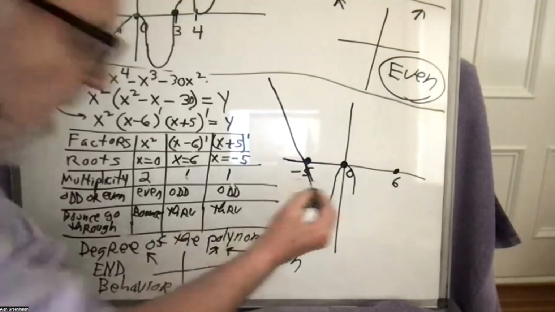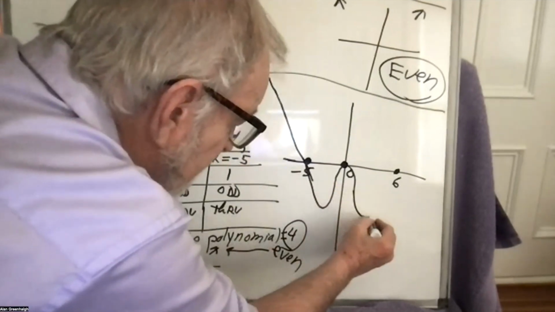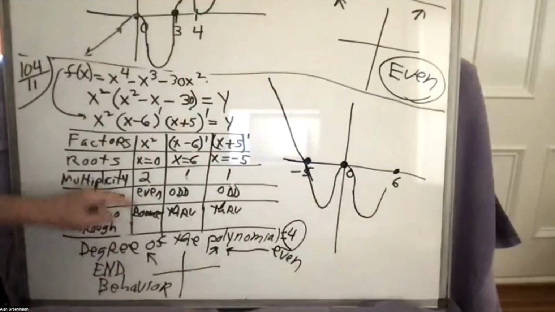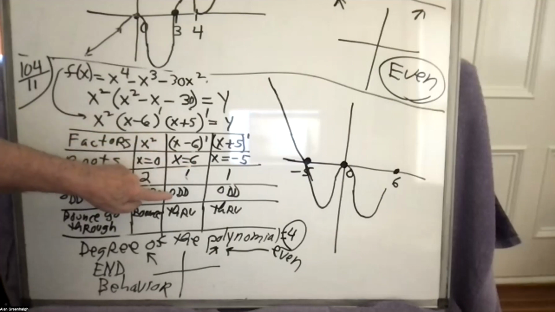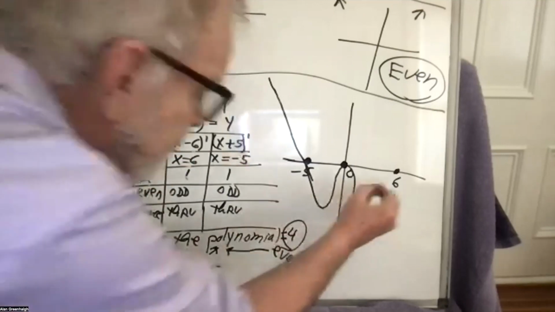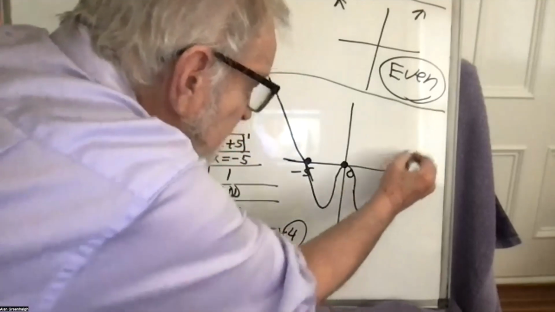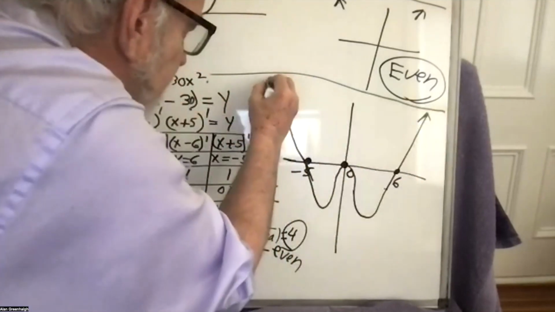And then it's got to turn around, though, and go this way, because it's got to now go through x equals 6. Well, what happens at 6? It goes through. Therefore, there it is. That's what the graph looks like.